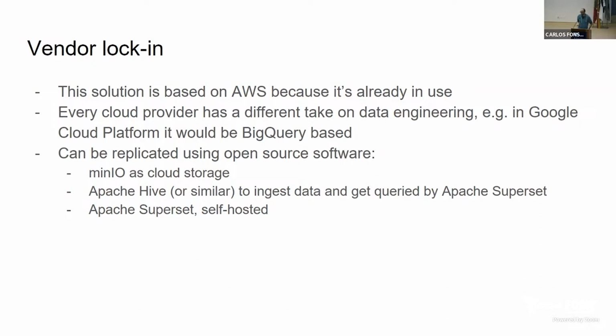Still, all of this can be replicated using only open source software. You can use MinIO as object storage instead of S3. You can use Apache Hive, or whatever other Apache project does the same thing, to ingest data and query it by Apache Superset. And of course, you can host Apache Superset yourself, which is open source already.